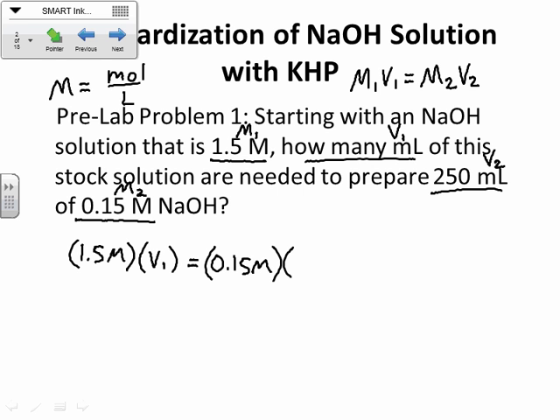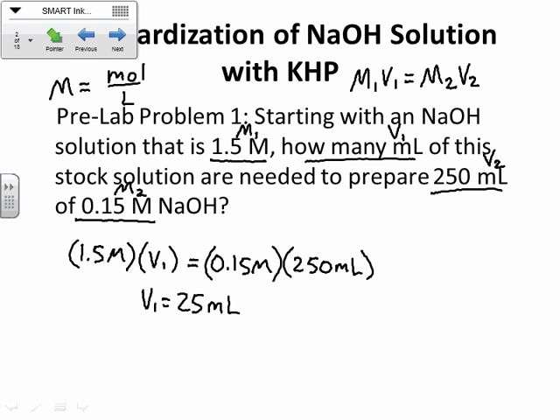The nice thing about M1V1 equals M2V2 is it doesn't have to be in liters, it can just be in milliliters. So we'll plug in 250 milliliters here and solve for V1. We should get V1 needs to be 25, with 2 sig figs, so 25 milliliters.